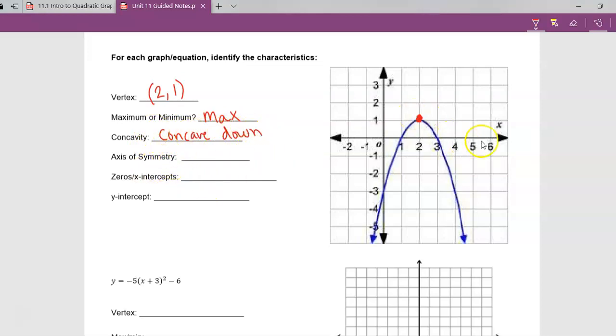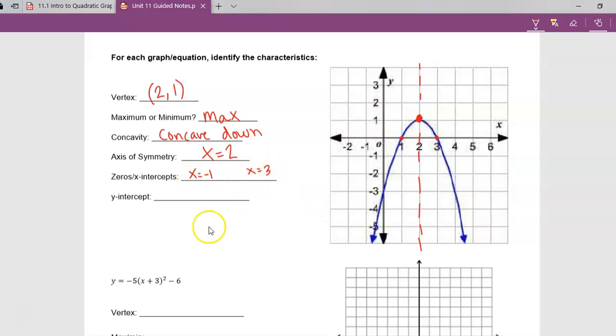The axis of symmetry, remember, is that line that cuts it evenly and symmetrically in half. So it would be this line right here, which is at x equals 2. The zeros or x-intercepts are the places where it crosses the x-axis. So I have one at x equals -1, one at x equals 3.